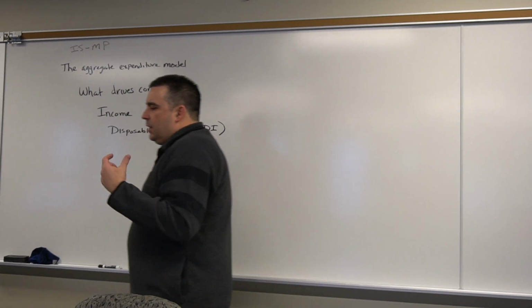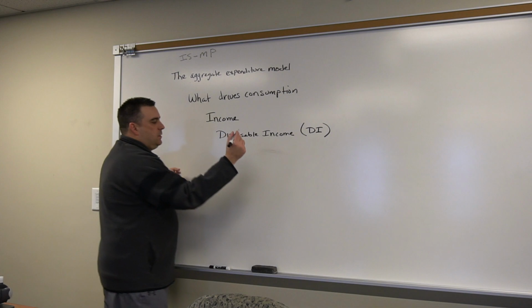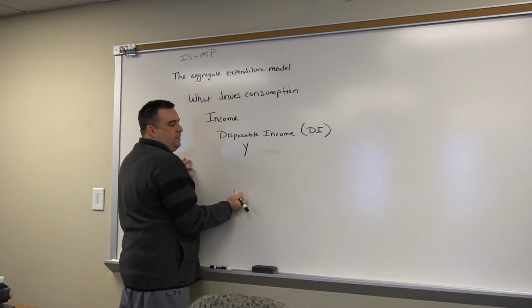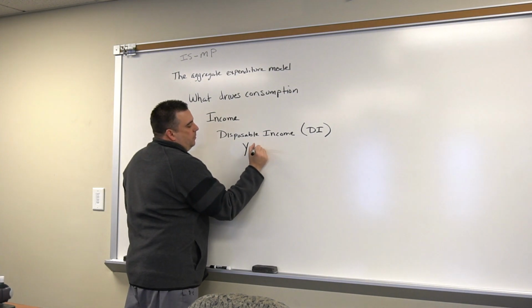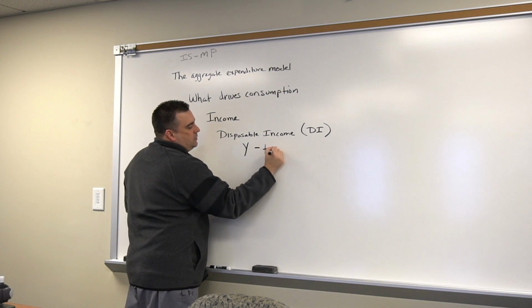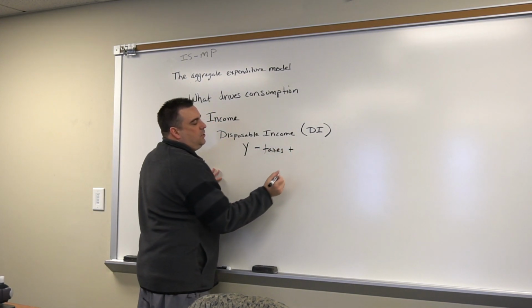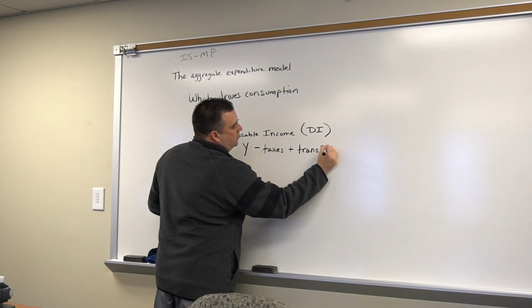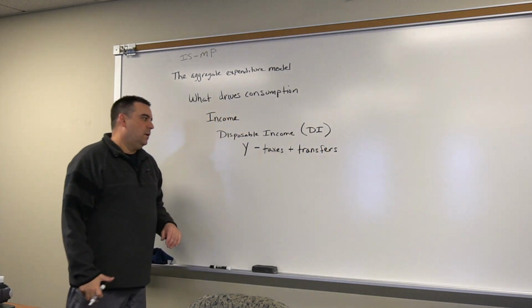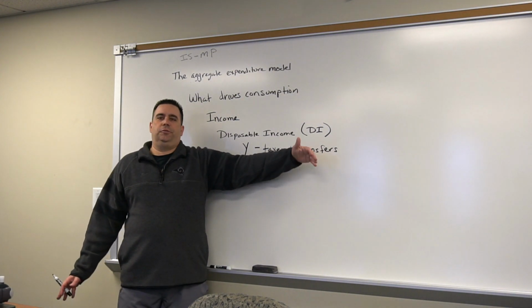So effectively, your disposable income is the income you receive adjusted, so minus taxes plus any transfers that you get. Again, remember from early in the semester, transfers are going to be things like Social Security.